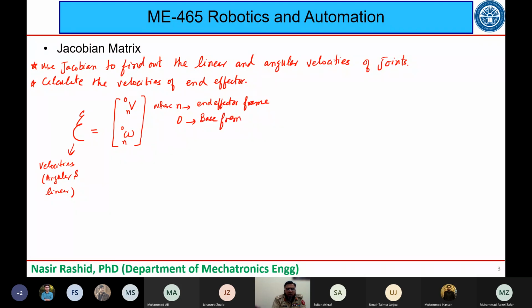So we are actually calculating the end effector velocity, both types of velocities, linear velocity and angular velocity, with respect to the base frame. So let me just draw a manipulator here.